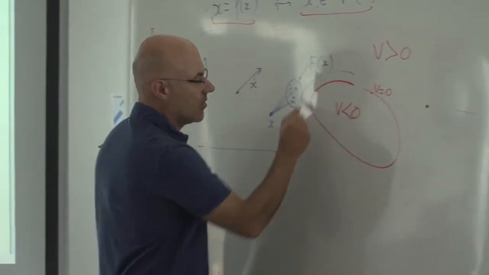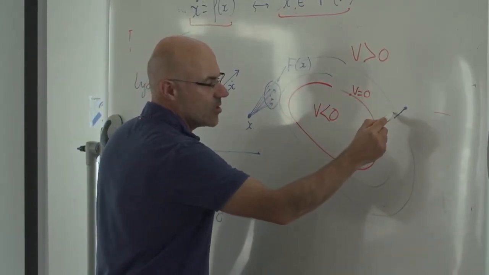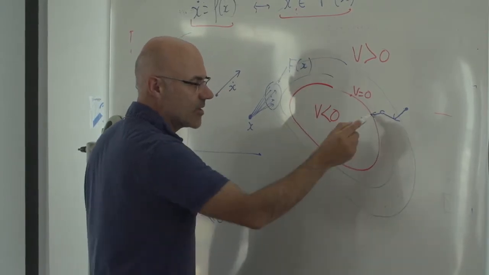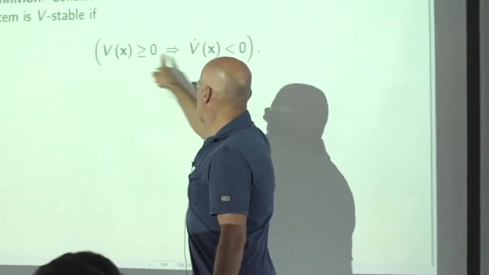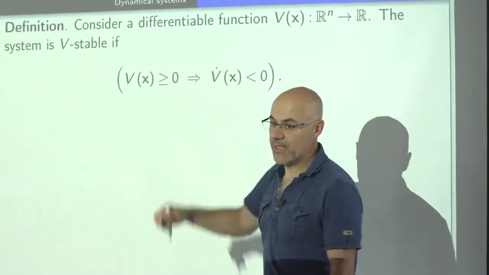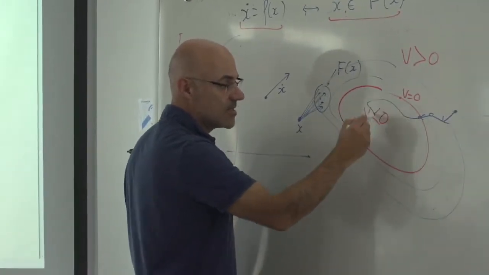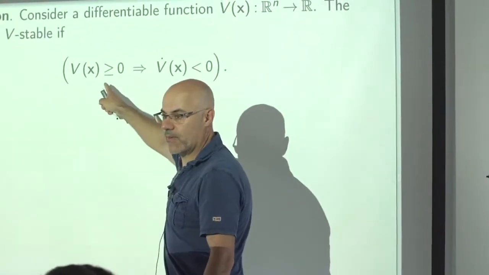So since V decreases, you will go in this direction, and one day you will enter this set. When V is positive, this function should decrease. You will enter this set, but once you are in this set, you can do what you want. There is no condition when you are negative.